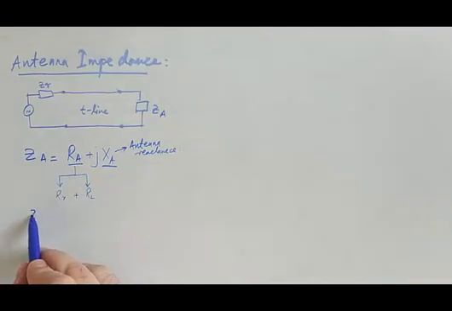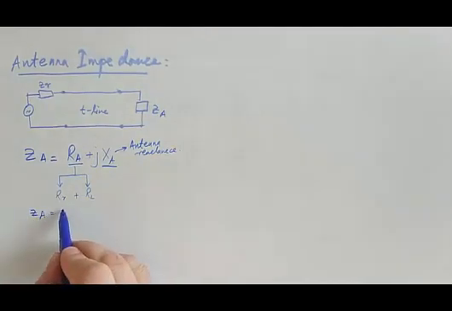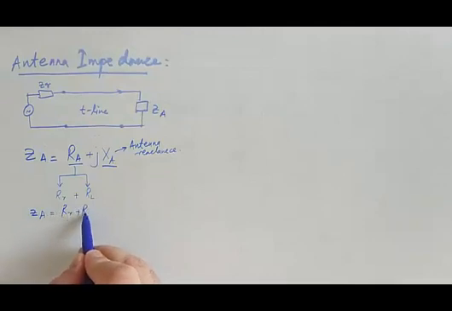So let me write the whole equation. It becomes ZA equal to RR plus RL plus jXA, where we know each and every term right now.